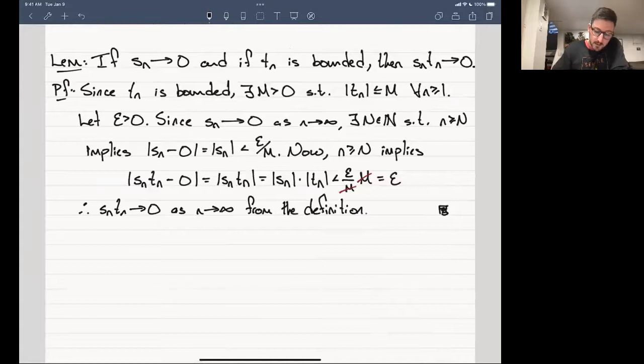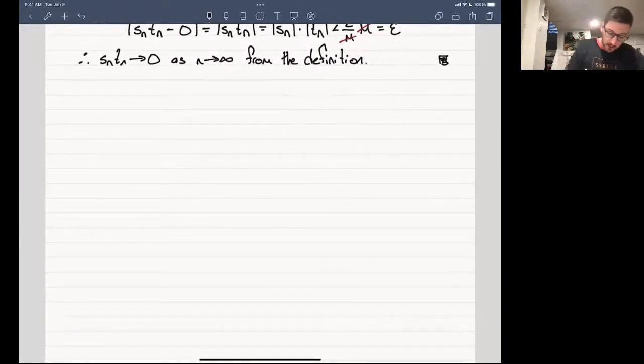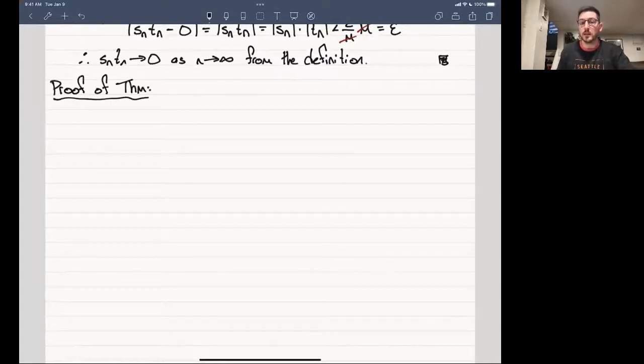And then my next one says that if I take the product of a null sequence and a bounded sequence, then I get another null sequence. Again, it's not immediately clear how these are going to help us, but they are little stepping stones so that when I return to the proof of the theorem, remember where we started, what we cared about today, I'm going to be able to plug them in as necessary to greatly simplify my work.